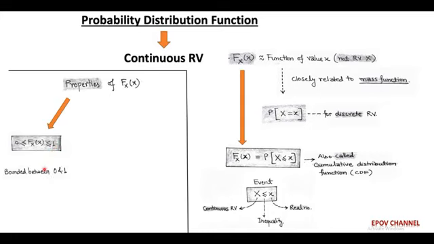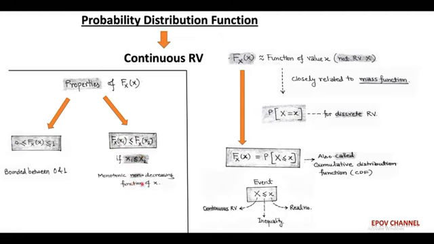The second property is that it is a monotonic non-decreasing function of small x, that is a real number. Here, if x1 is less than or equal to x2, then the cumulative distribution function corresponding to x2 is always greater than or equal to the cumulative distribution function F of x1.